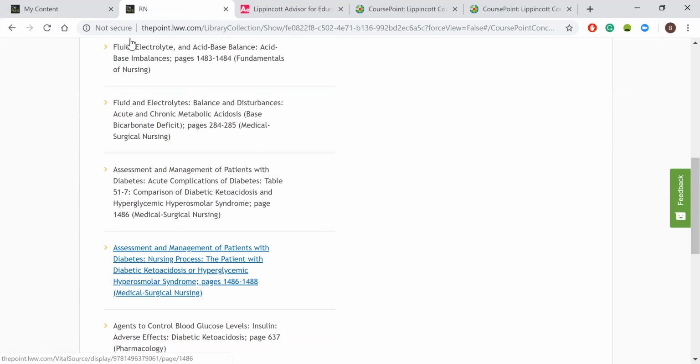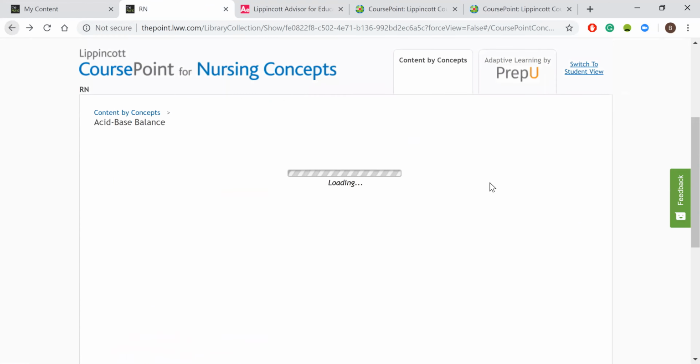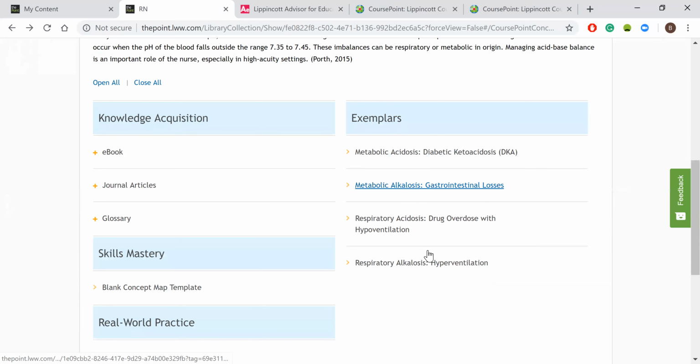And if you paid attention back here, this is actually telling you when something is in metabolic acidosis. It's usually a person with diabetic ketoacidosis. Metabolic alkalosis would be someone with GI losses, so vomiting, diarrhea. Wouldn't that make sense?